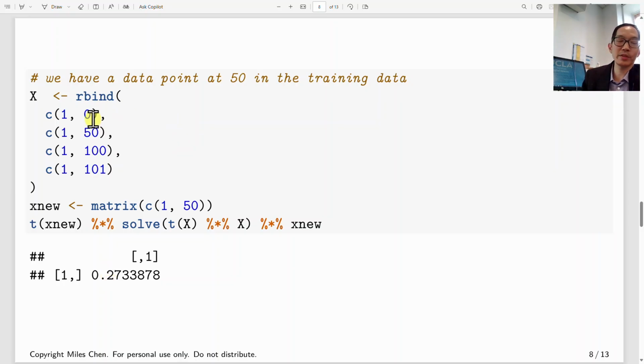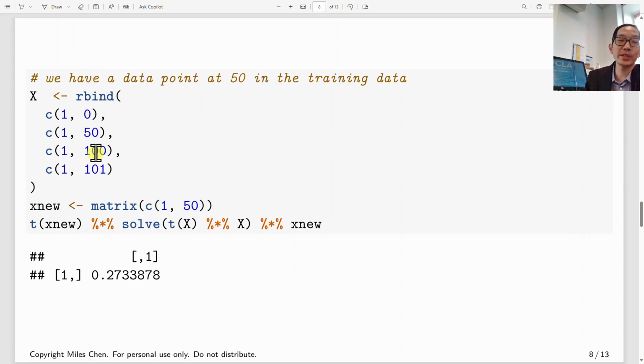But as soon as we have points in between, or I extend this, so here I just have a point at 0, 50, 100, and 101, okay? Again, that pinches down what our prediction is going to be. So here I have an observation at 50. I'm going to make a new prediction at 50, okay?